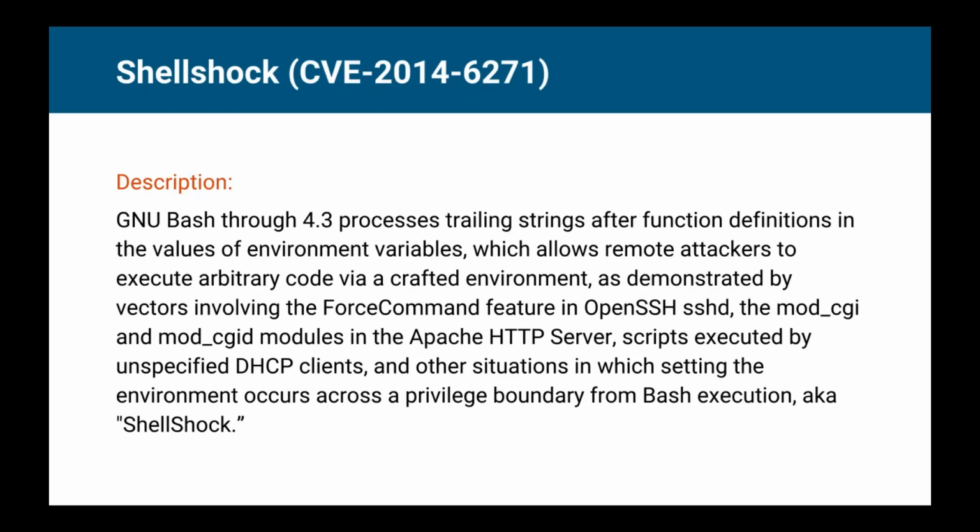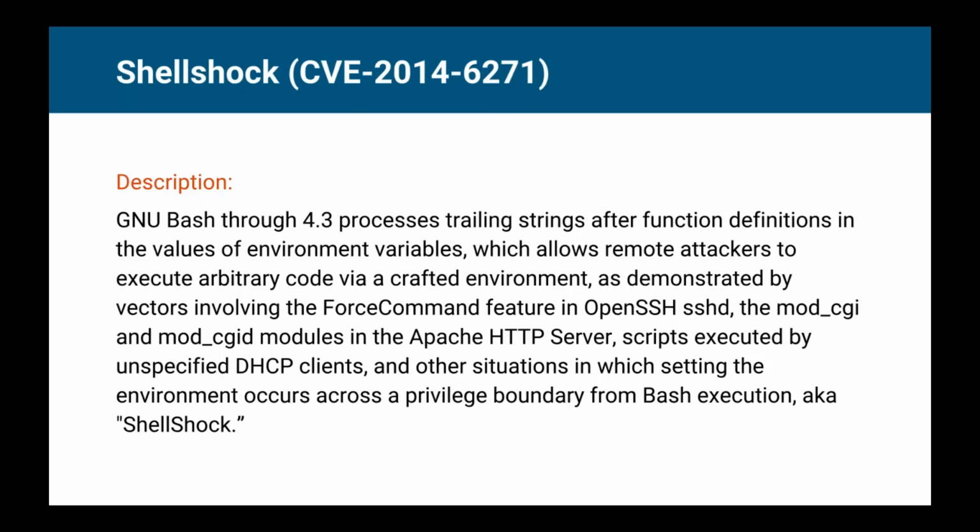The vulnerability we're going to talk about to explain this a little better is Shellshock. Shellshock is a fun one because it was around in Bash for a very long time, I think roughly 15 years. It was exposed through a variety of vectors over the web, over in DHCP clients.